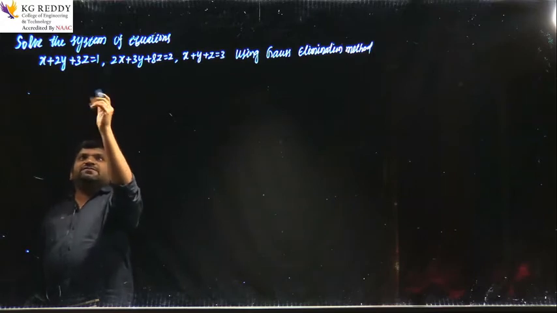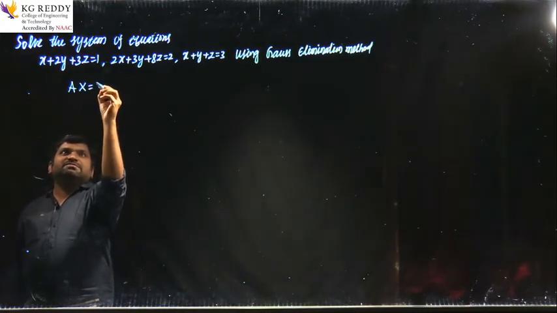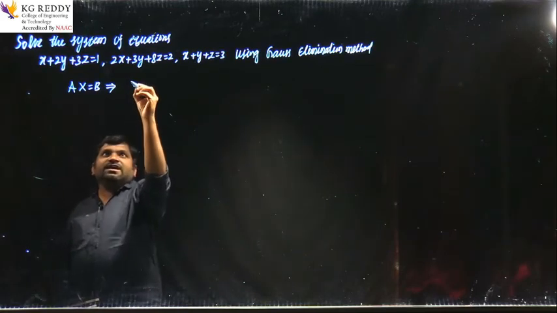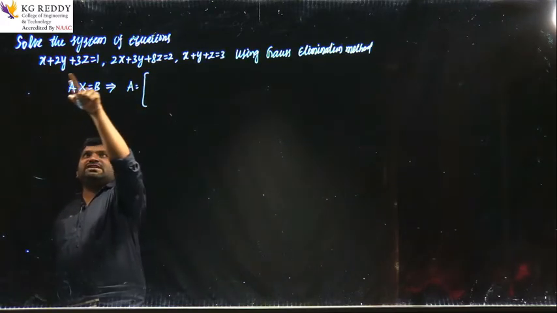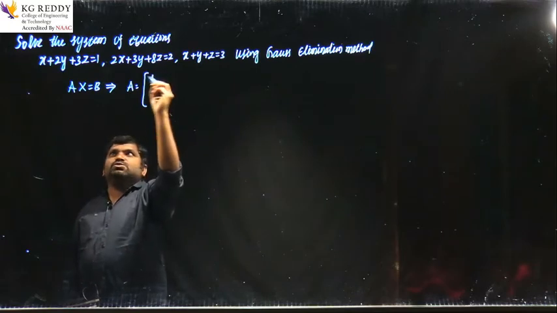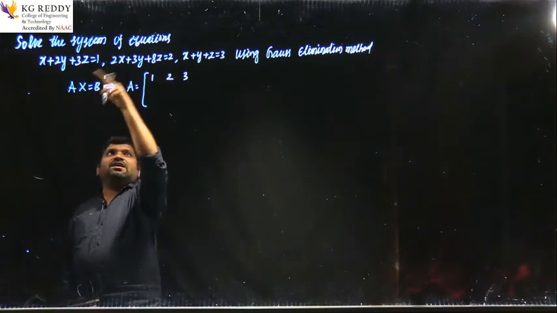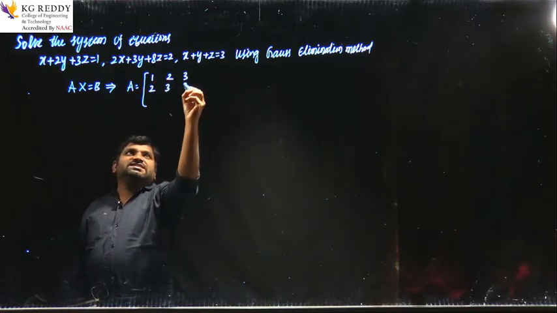So come to this, first of all we can write down the AX equals B matrix form from the given equations. Where A equals, come to the first equation, write down the coefficients in the first row. X coefficient is 1, y coefficient is 2, z coefficient is 3. Come to the second equation, x is 2, y is 3, z is 8.